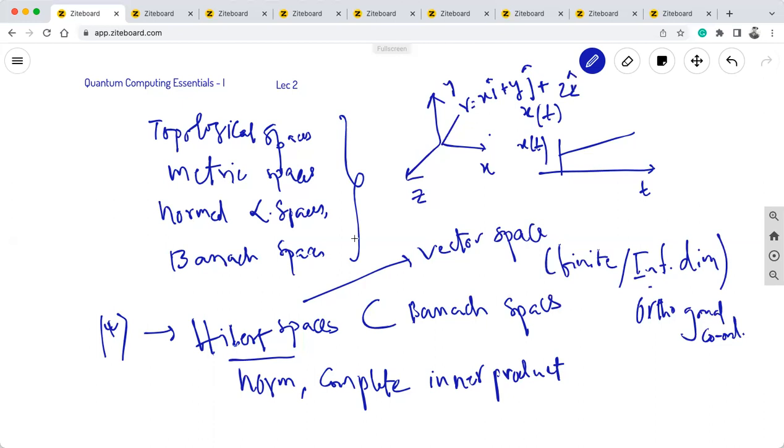But in Hilbert space, you may have an indefinite number of such orthogonal systems, which may be finitely defined or infinitely defined. So this is very important here to represent your quantum state.